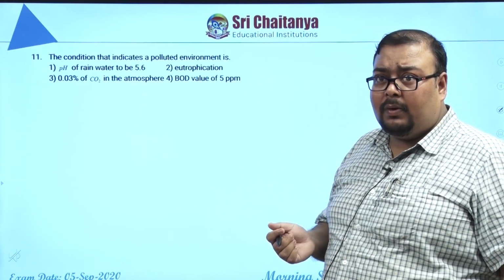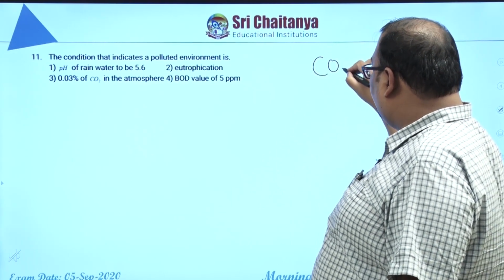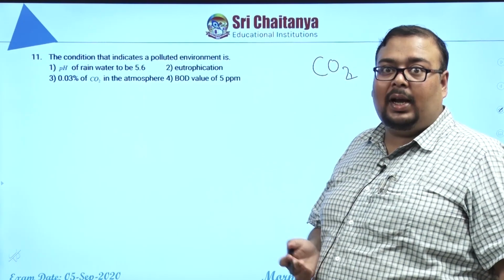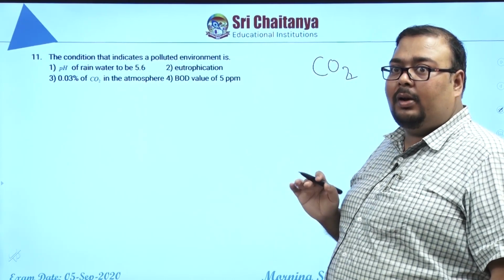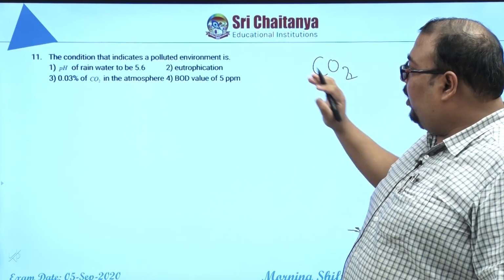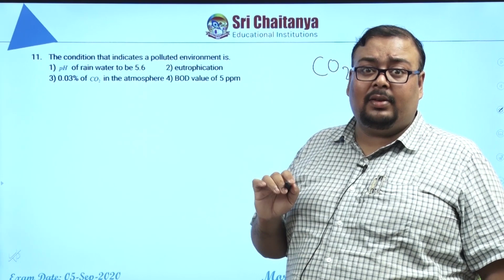That is the correct option. Why? Because you see the rainwater is slightly acidic due to the presence of CO2, which is an acidic oxide. So the pH of natural rainwater is 5.6. Option 2, eutrophication. Now, this is a correct answer. Why?